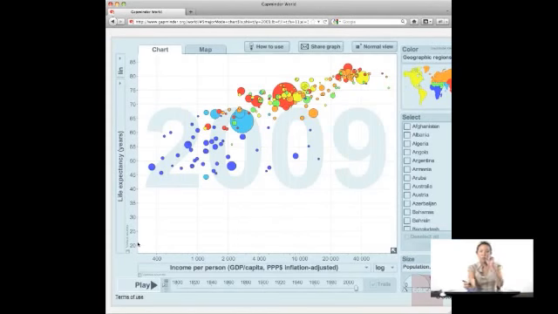And so let's start with first things first. Step 1, what are the cases? Well, these cases actually represent countries. And if you put your cursor over these dots, it'll tell you which country it is. And in Gapminder, one nice thing is that you know the population of that country just by the size of the dots. So all the dots are different sizes.